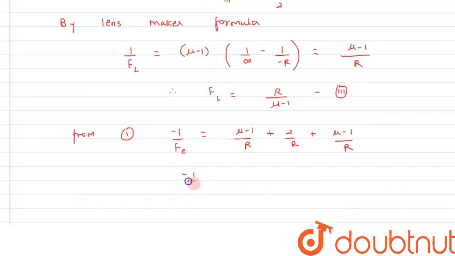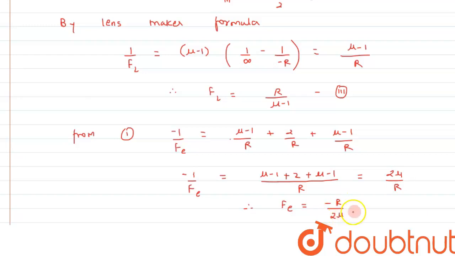This can be written as minus 1 by fe equals mu minus 1 plus 2 plus mu minus 1, divided by r. From here we can clearly see the minus 2 and plus 2 cancel out, and the final result we get is 2 mu by r. Therefore the value of f equivalent can be written as minus r by 2 mu.